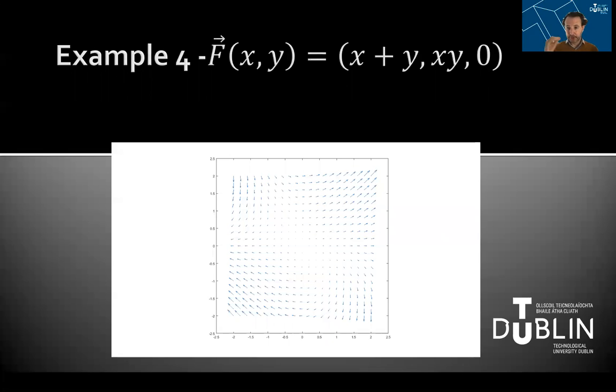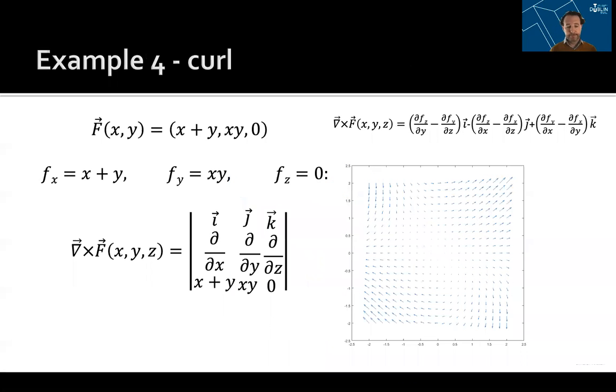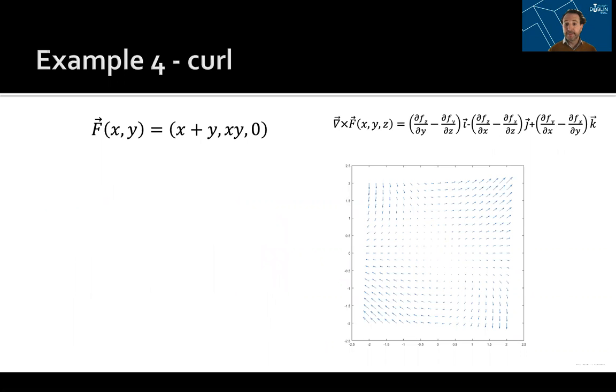Our last example, the more complicated one, where I was going, hey, there's something here, maybe. What's happening? So let's set it up. We have the x component is x plus y, the y component is xy, and the z is 0, just for simplicity's sake. We put that into our curl formula, and we take the derivatives.